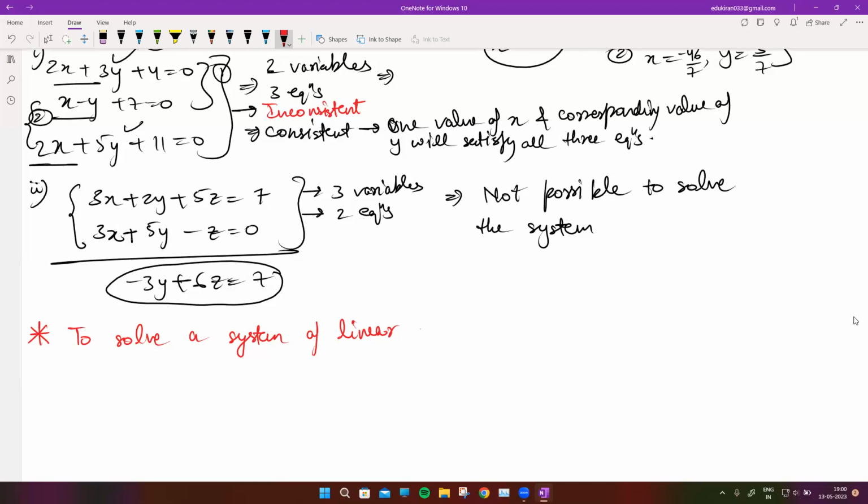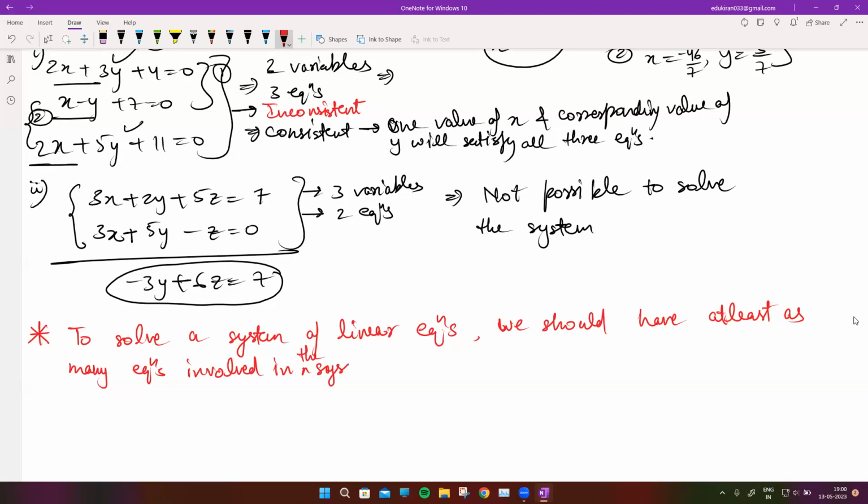To solve a system of linear equations, we should have at least as many equations involved in the system as the number of variables.